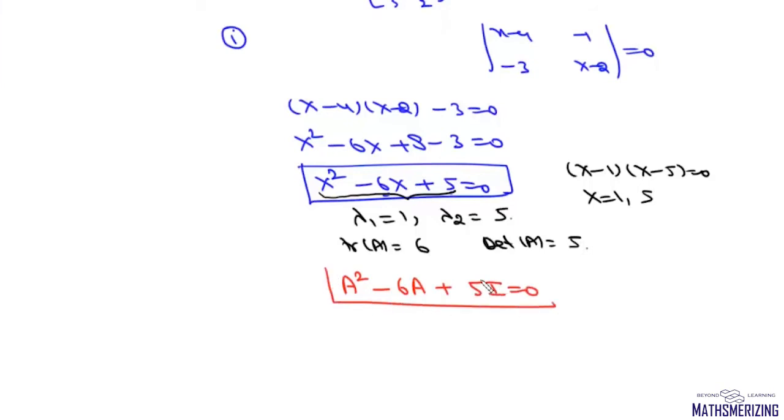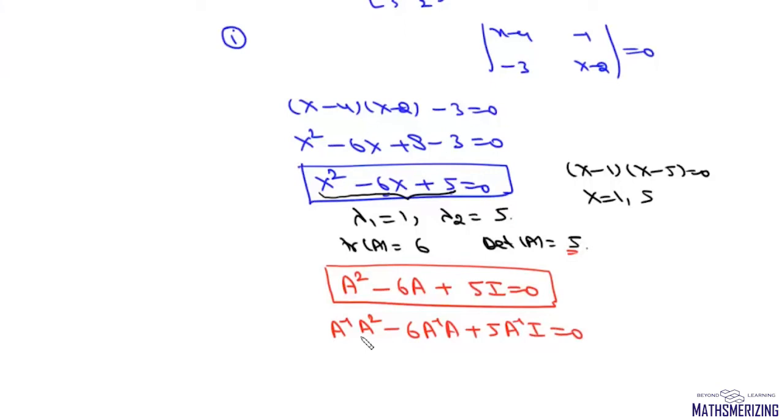So from here we'll get this equation in matrices. Now we can use this equation to find A inverse. Clearly determinant of this matrix is non-zero, so we'll multiply it with A inverse. We'll get A inverse into A square minus 6, A inverse into A plus 5, A inverse into I, and it is 0.